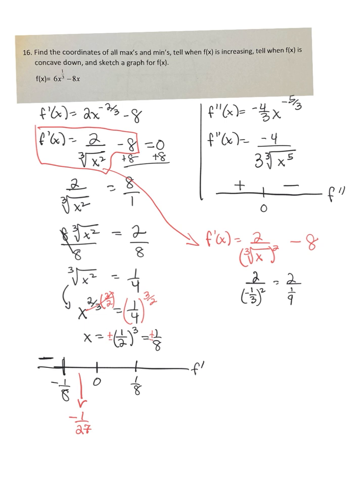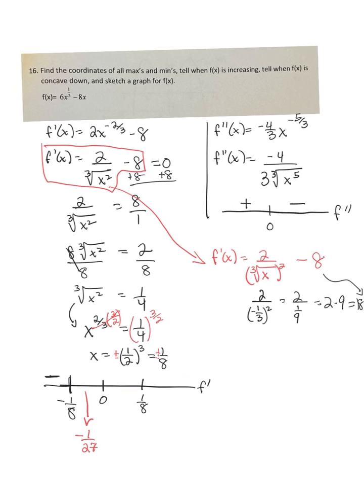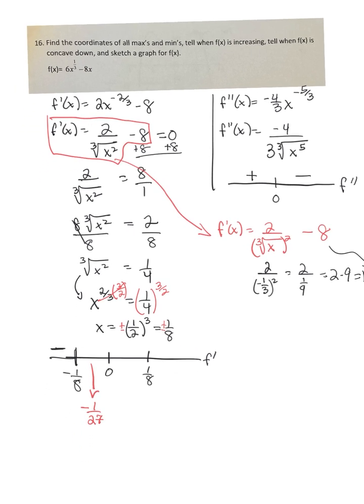Okay, so keep change flip. That's the same as 2 times 9, which is 18. And then I'm doing 18 minus 8, and 18 minus 8 is a positive number. Whoops. So that means this is a positive.